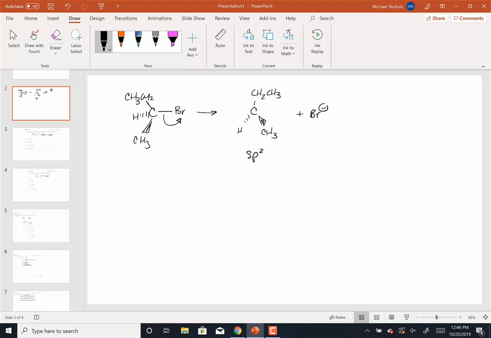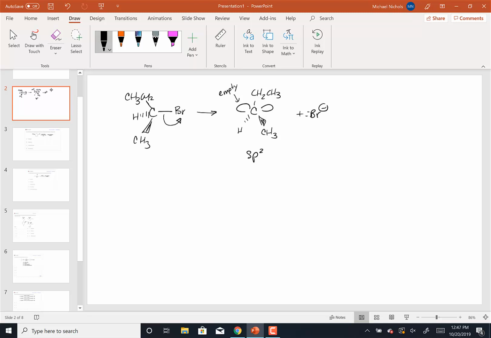The bromine will go ahead and take the lone pairs with it. So in this sp2 hybridized carbon, there is a p orbital, but that p orbital is going to be empty. And so this is the first step of the mechanism.